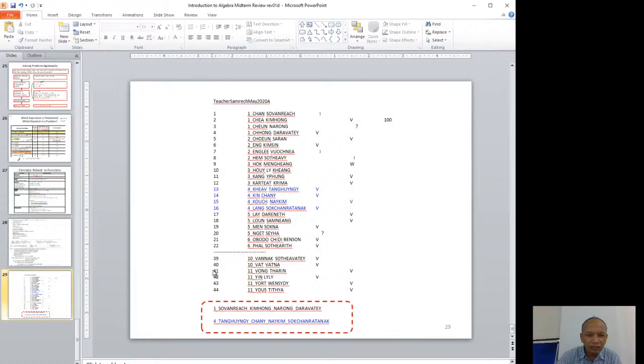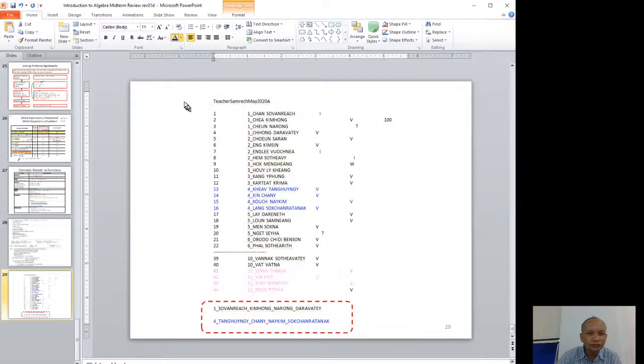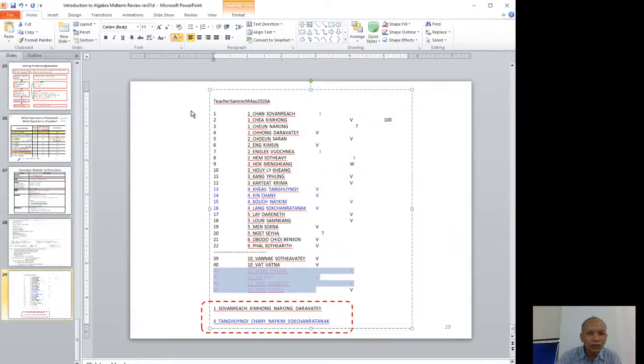So here student number 41, 42, all these students do the version 11. When I upload to Telegram I put only your first name, not your last name or family name.